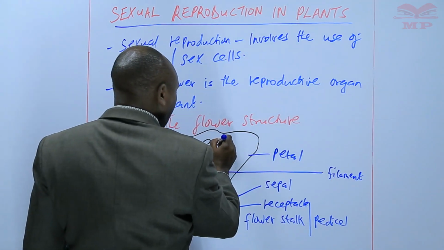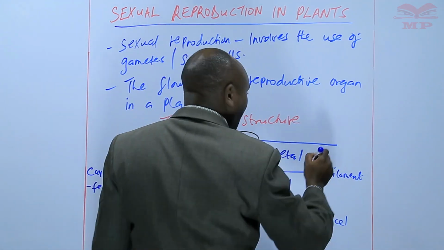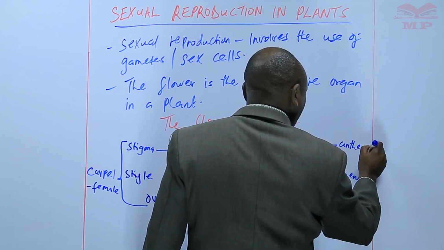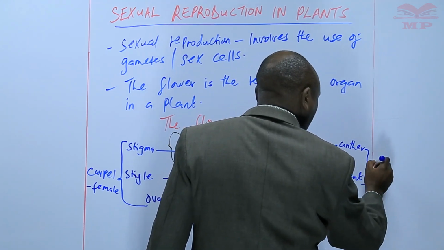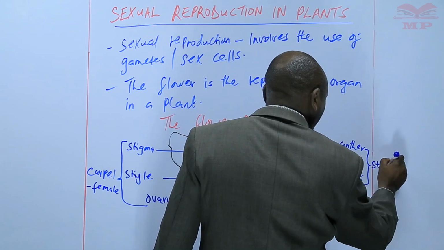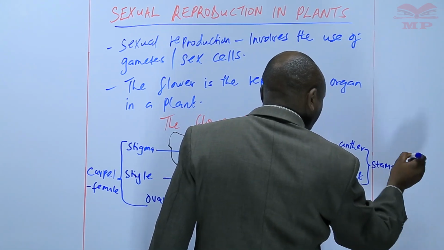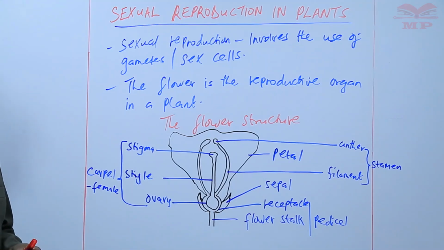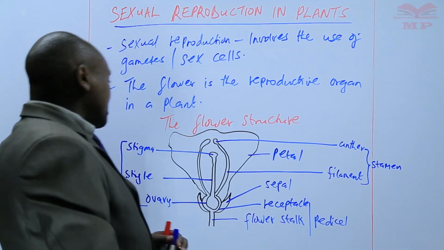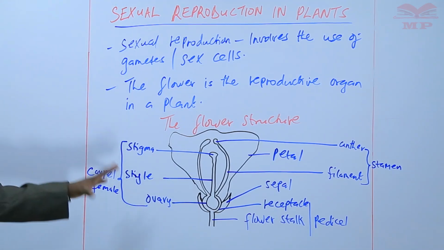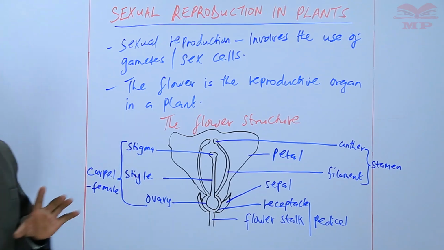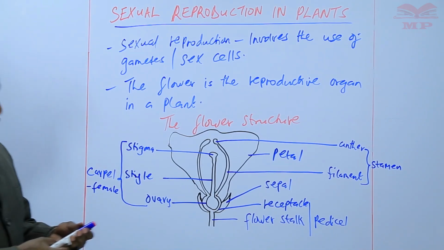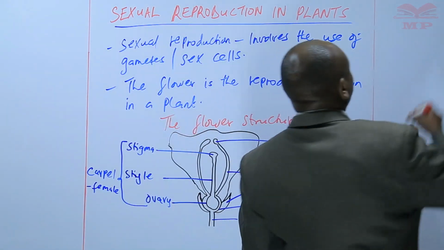And then at the top of the filament, we have the anther. And those two parts form what is called the stamen. So basically that shows the flower structure. It is important to understand each structure and its function.